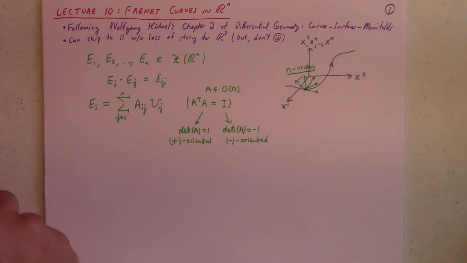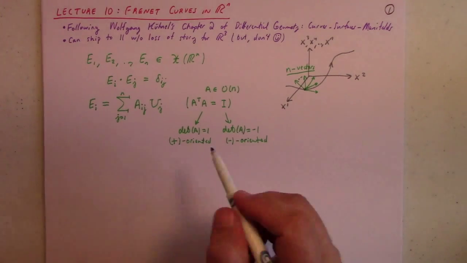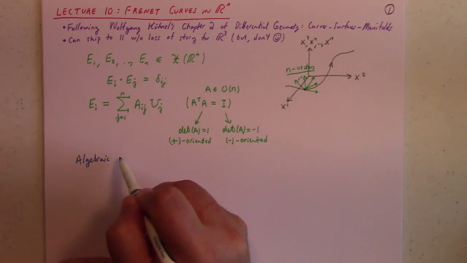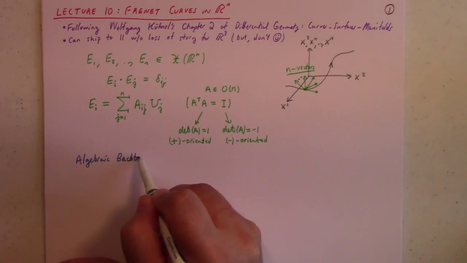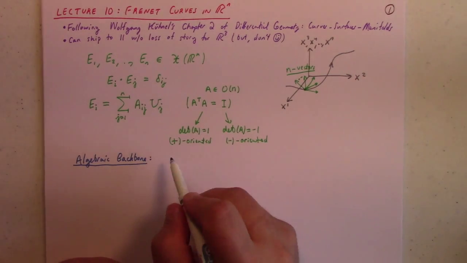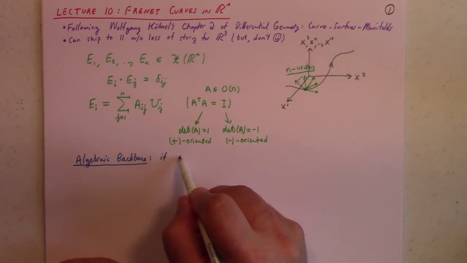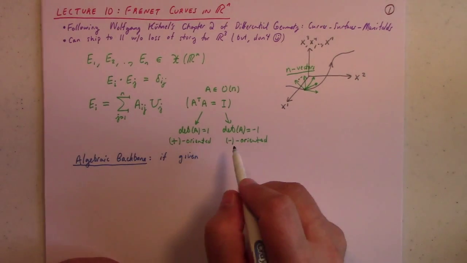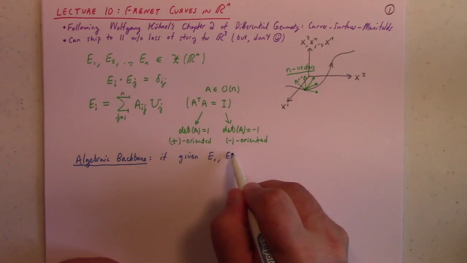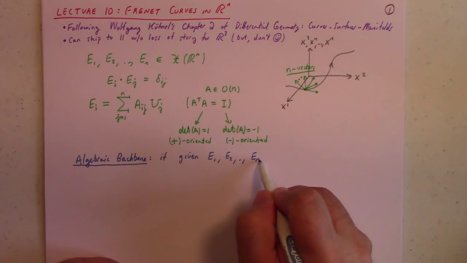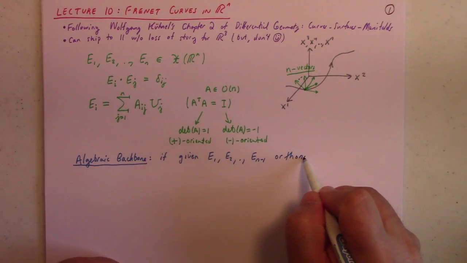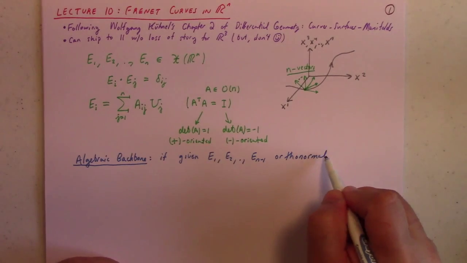All right, so here's the central algebraic, I guess you could call it backbone. I don't know what it is. What do you want to call it? The algebraic backbone to this whole thing is the following. So if you're given an orthonormal set of codimension 1, in other words, you have E1, E2, through En minus 1, so you have almost enough vector fields to get Rn, but not quite enough.